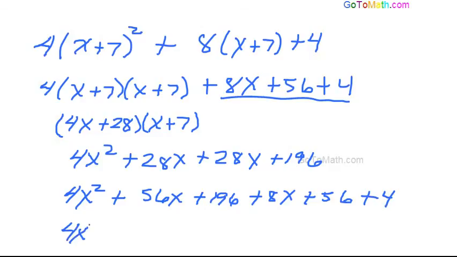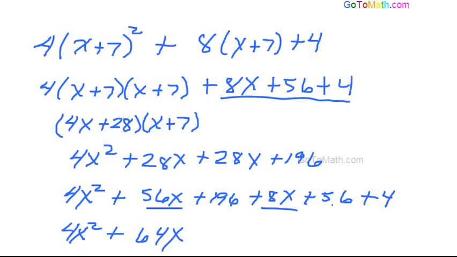What do we got going on here? We got 56x, and we have 8x. So 56 plus 8 is 64x.